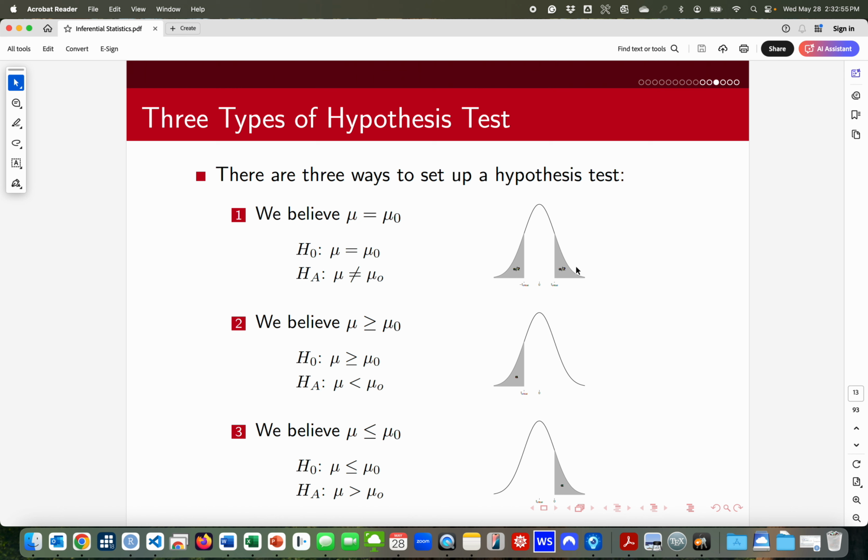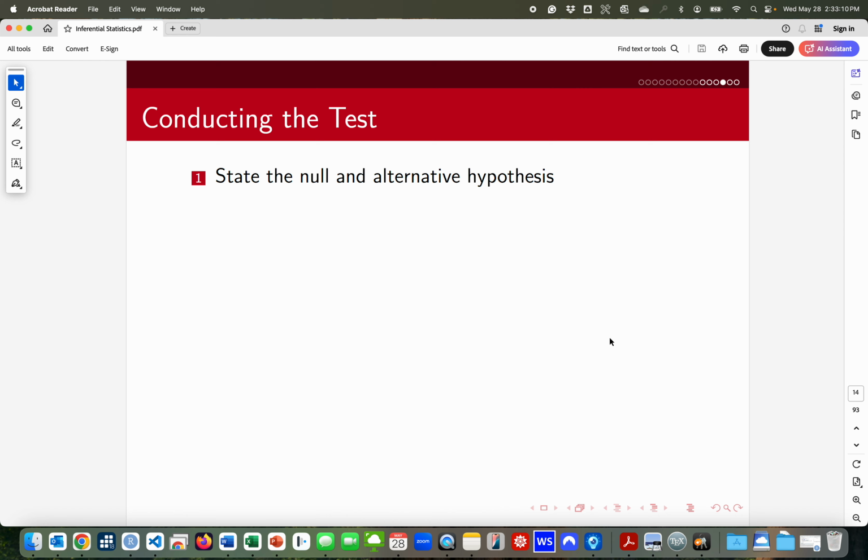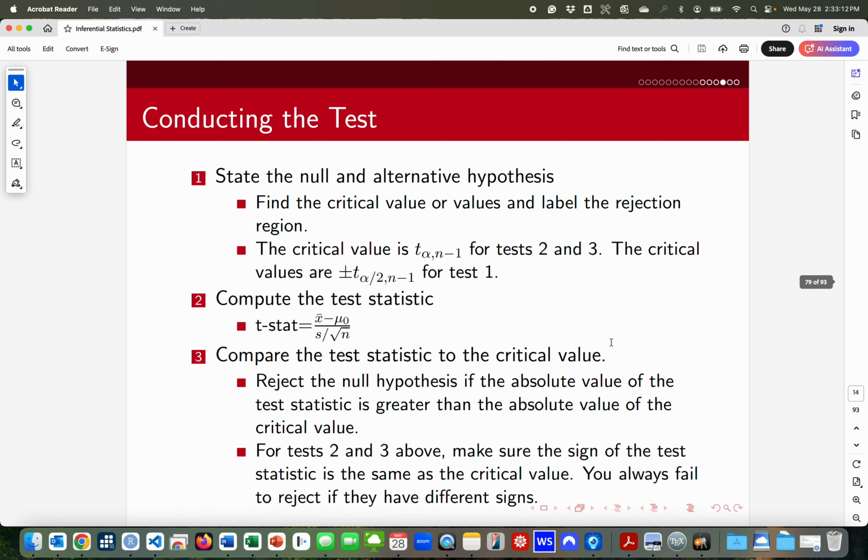These are the critical values. The bounds of these shaded regions are the critical values. If what we observe, if the test statistic that we compute falls inside of one of those regions, then we reject the null hypothesis. So again, we look at absolute value. If it's a one-tailed test, you have one rejection region.